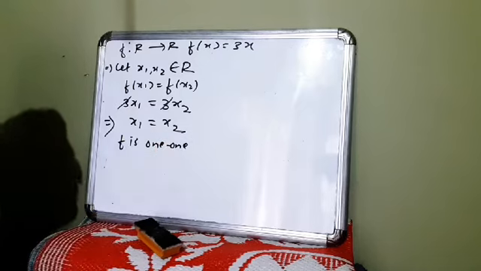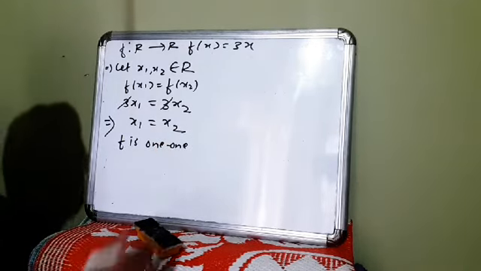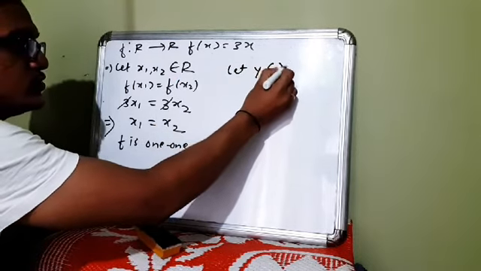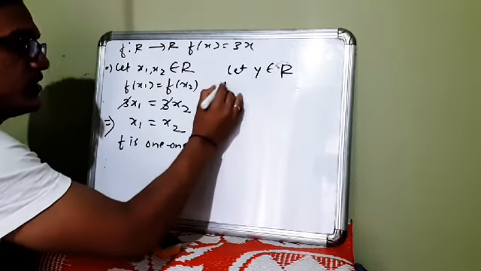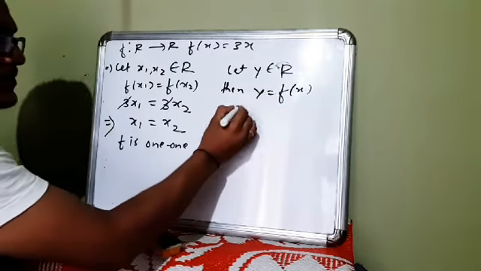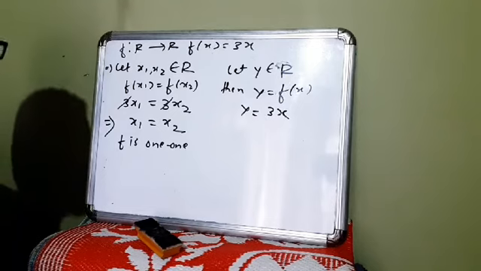Now to check onto function, I will use that definition. Let y belong to the codomain. What is the codomain? R. Then we have y is equals to f of x, or y is equals to 3x. I told you in the last example also.